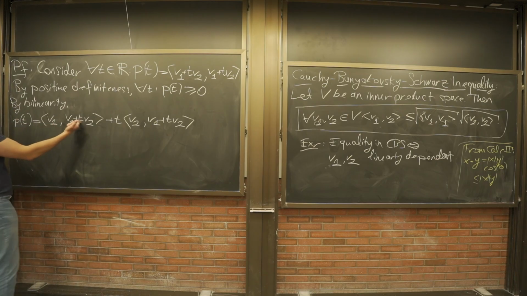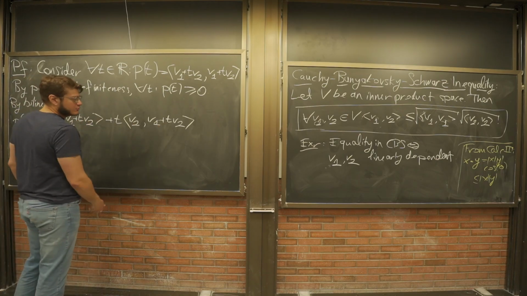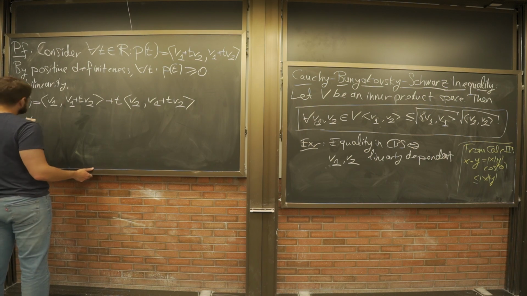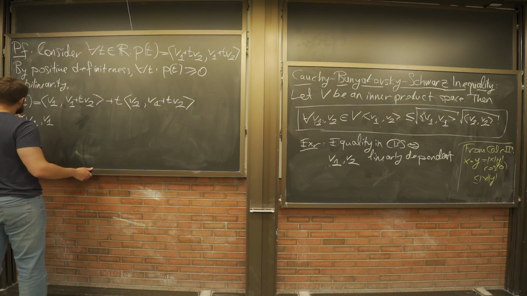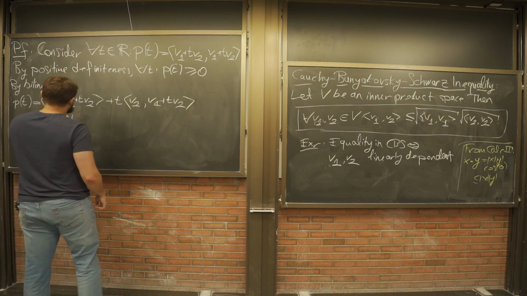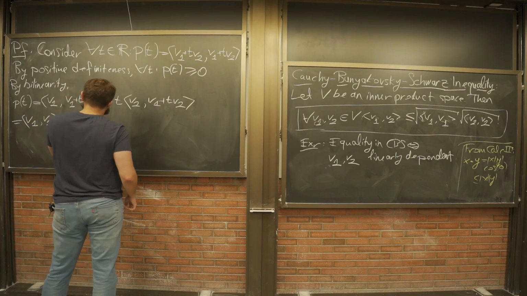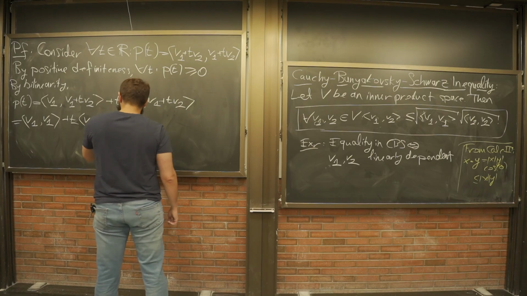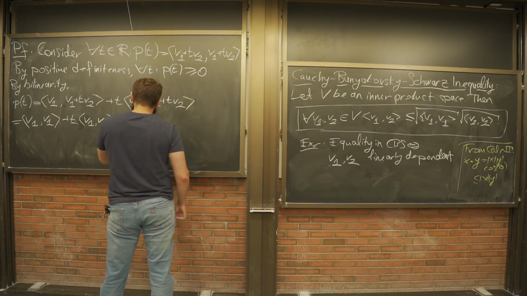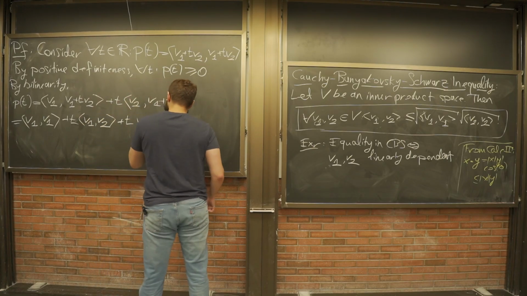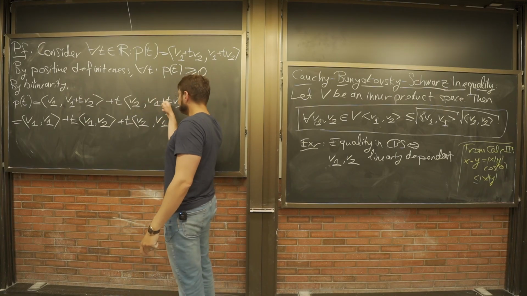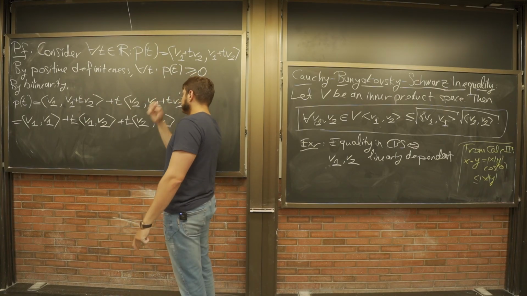Now I can distribute these. This is fixed. I can distribute these. I open this up, plus t v2, comma, v1, plus t squared. I had one t, another t coming from here.